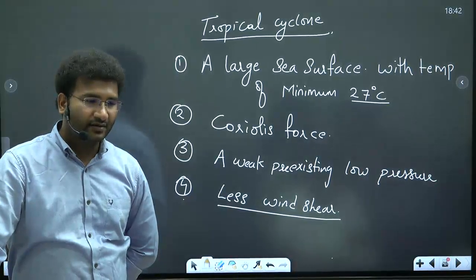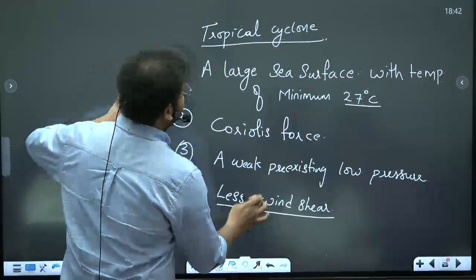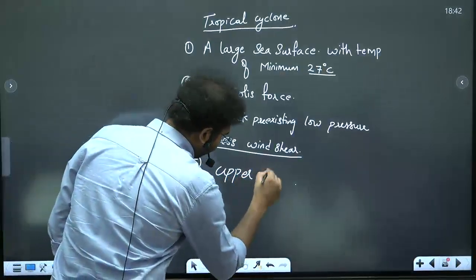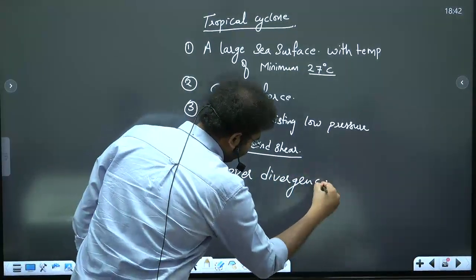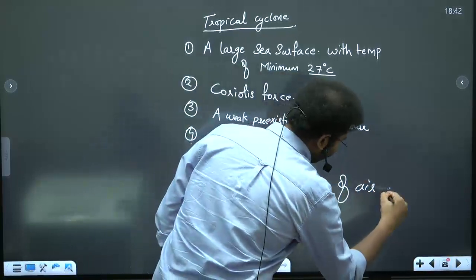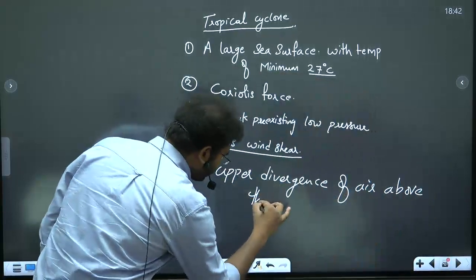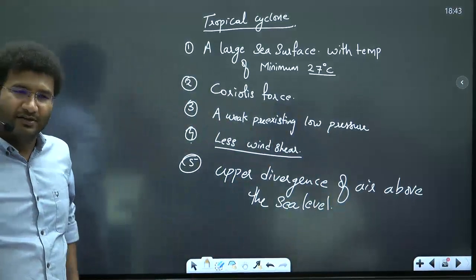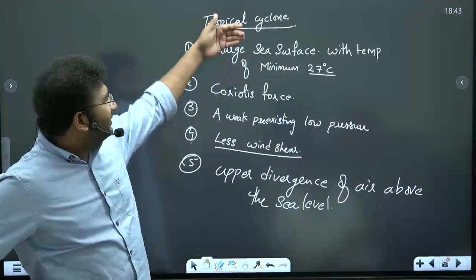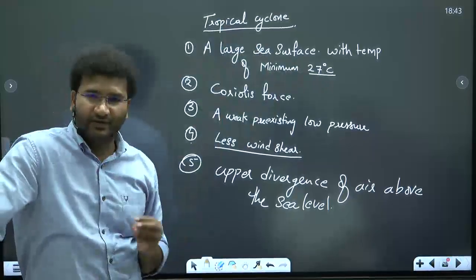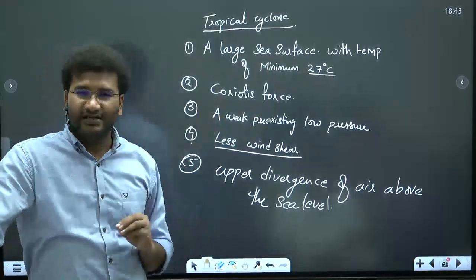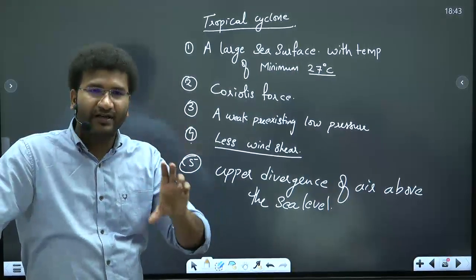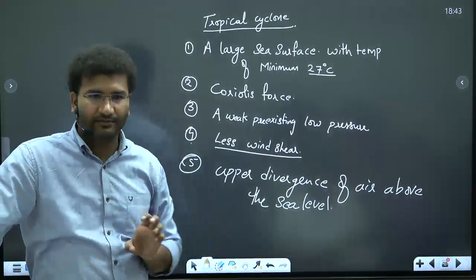And the last one is upper divergence of the air above the sea level. Right? These are the bare minimum requirements for the formation of a cyclone. Now, first thing is a large sea surface area with a surface temperature of at least 27 degrees Celsius. Now, the temperature of the water should be at least 27 degrees Celsius for 100 to 150 meters depth. Okay?